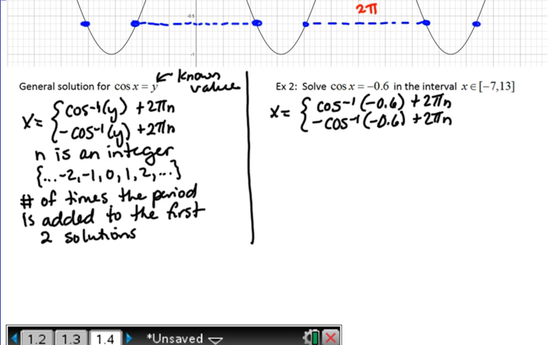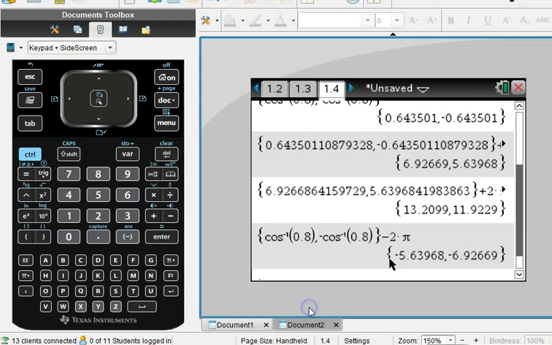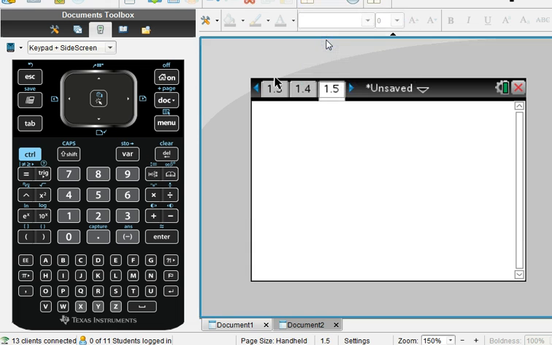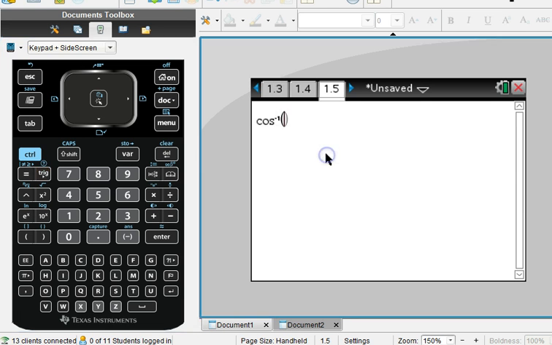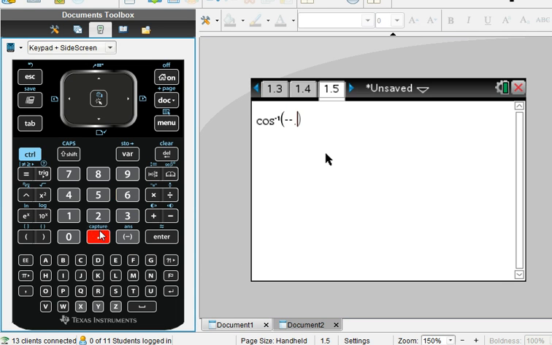So I'm going to go ahead and write the actual numeric values for that. So on my calculator, I am going to open another page here and do inverse cosine. So once again, open the curly brackets and do inverse cosine of negative 0.6.